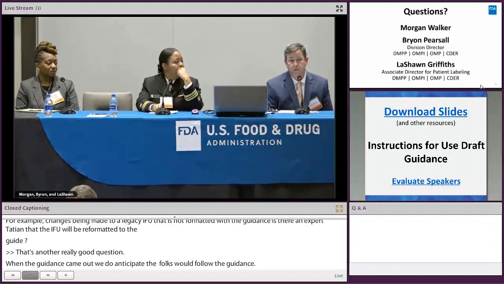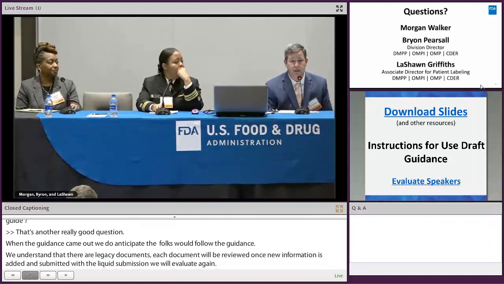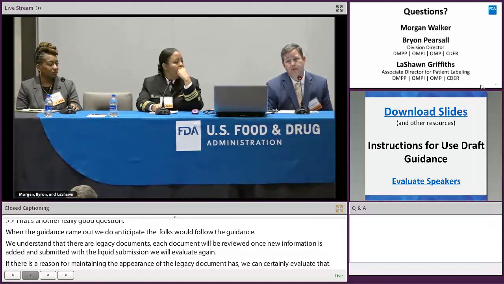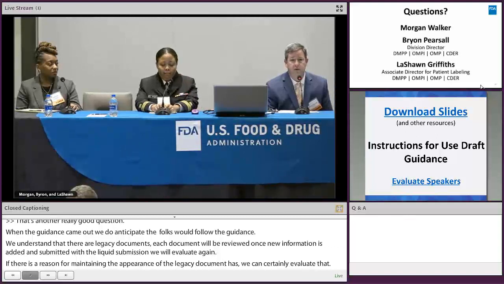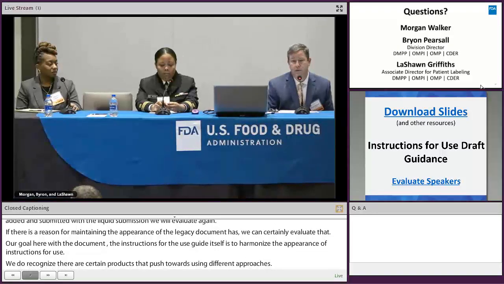But our goal with the instructions for use guidance itself is to harmonize the appearance of instructions for use. We do recognize that there are certain products that push towards using different approaches in areas, but we know that with consistency, patients have better understanding, and that's across the board with our patient labeling. So that's why we're pushing to harmonize the approach from a content and format perspective.